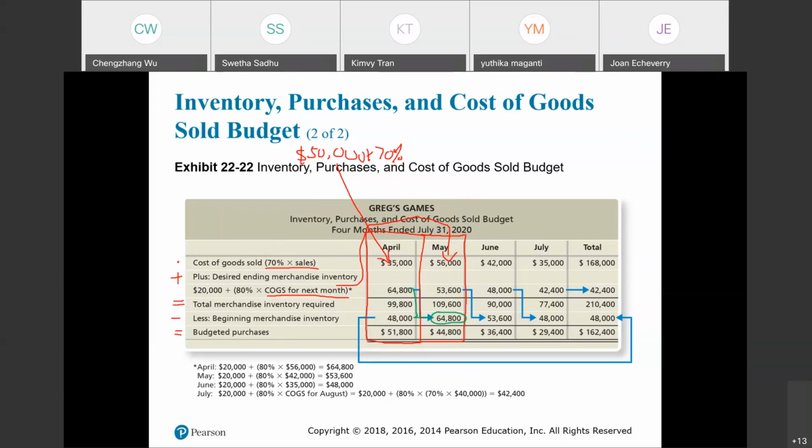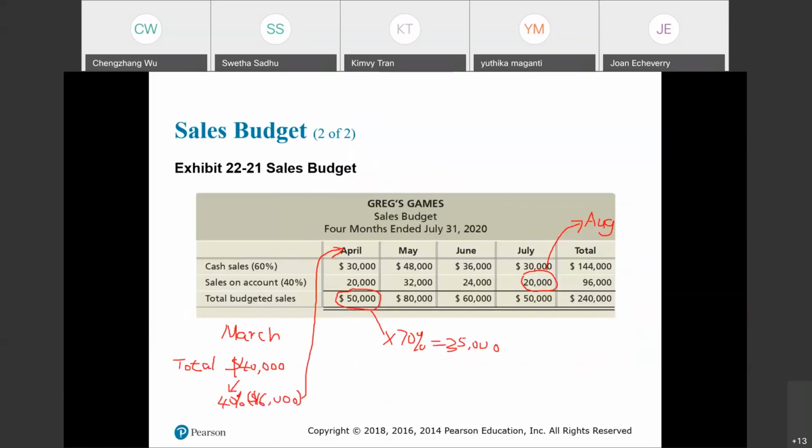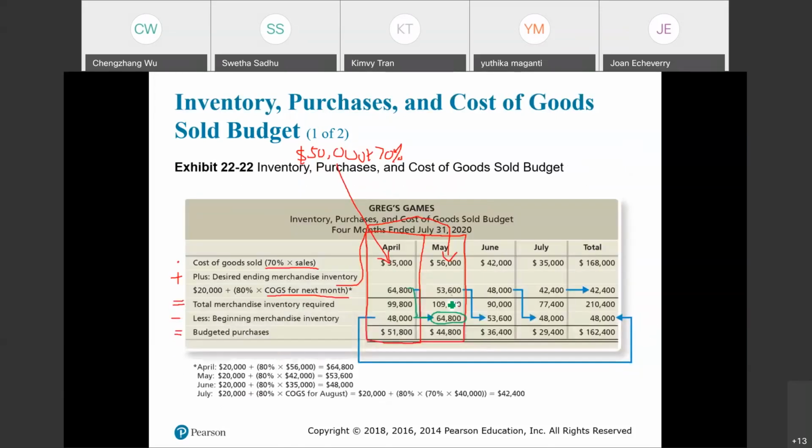Can you explain the numbers in June? Yes. The 42,000, you get that number from the sales in the last slide, and then you multiply by 70%. Let me show, right here. So 60,000 times 70%. Good. Next, how about 48,000?